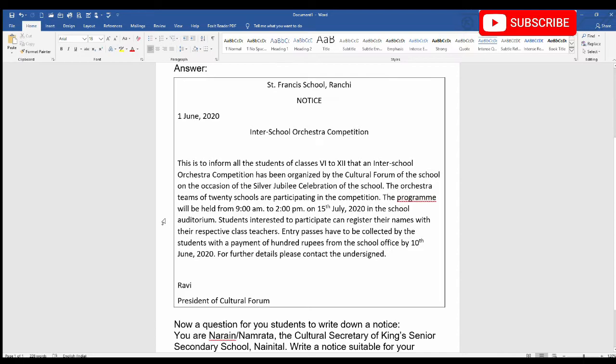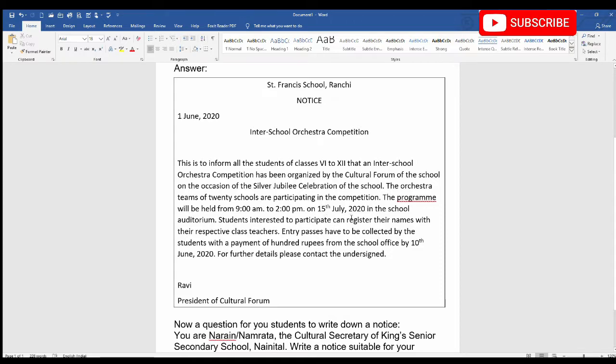The orchestra teams of 20 schools are participating in the competition. The program will be held from 9 a.m. to 2 p.m. on 15th July 2020 in the school auditorium.